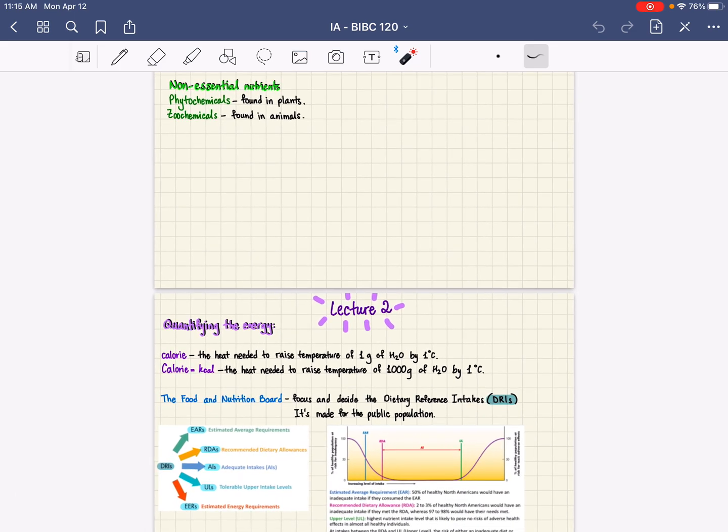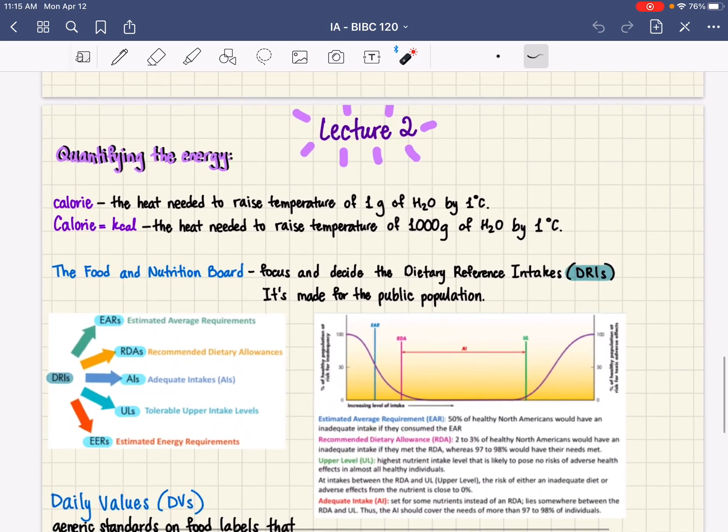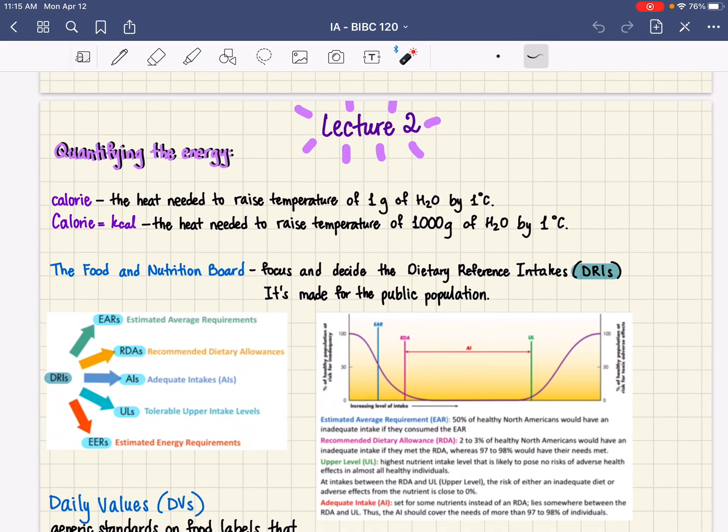Going into Lecture 2, we talked about these nutrients. What do these nutrients give us? They give us energy, if they're energy yielding. And how is energy quantified? Energy is quantified through the unit of calorie.